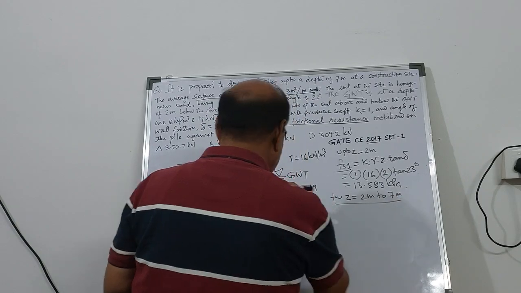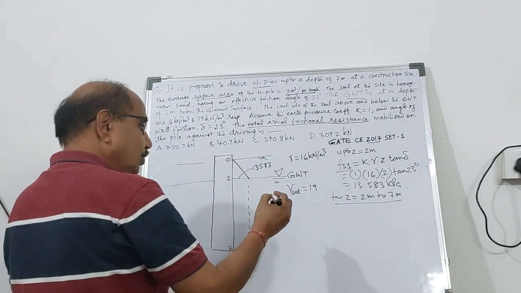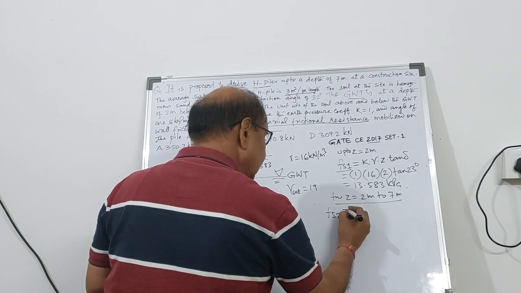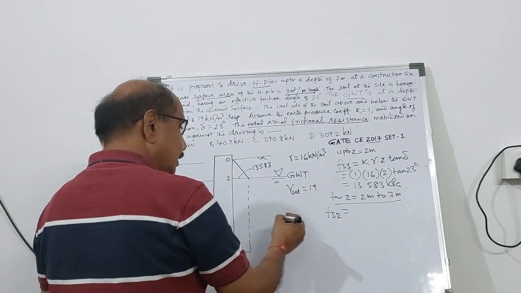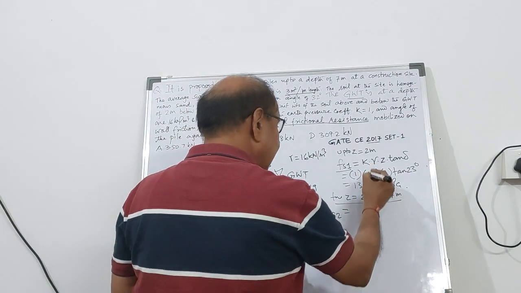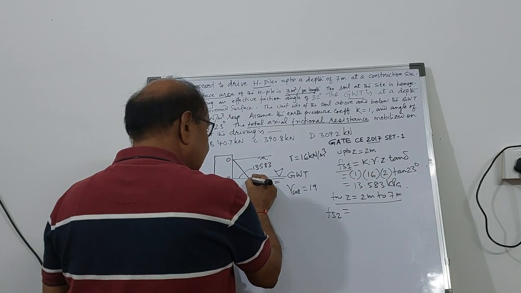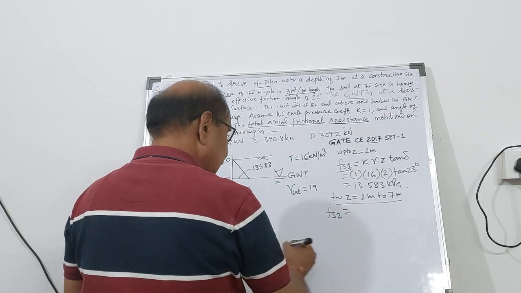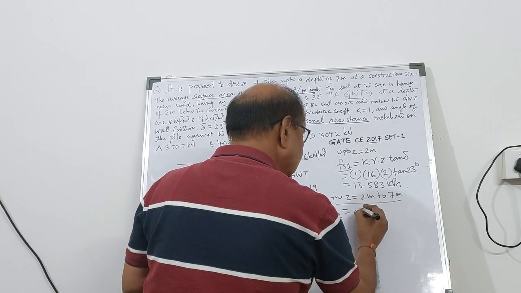That is, under the water table we should calculate Fs2, the skin friction here. So at the top Z is going to be 0, so it will be 0 here, and K equal to 1.